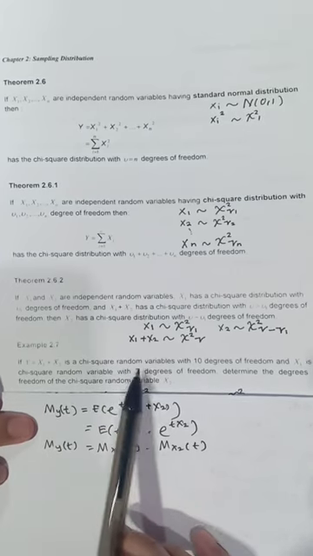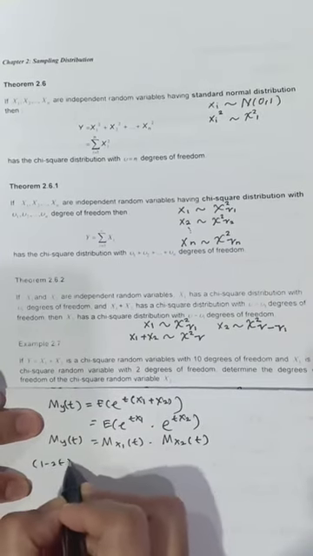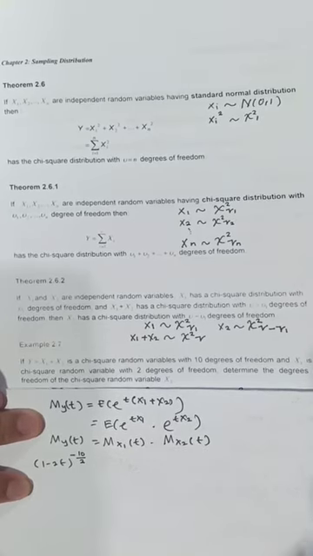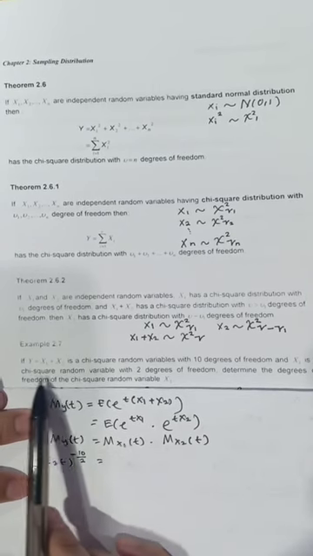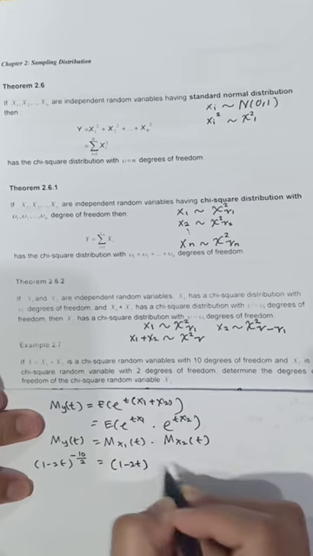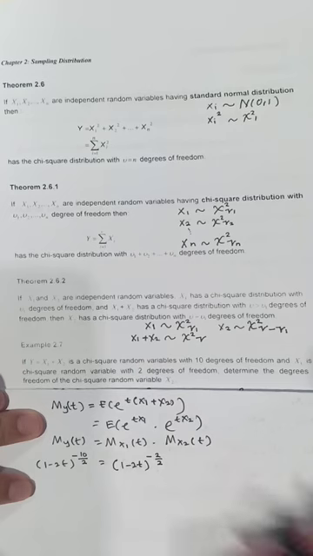Okay, so we know that Y is a chi-square distribution with 10 degrees of freedom, so we can write down the MGF for chi-square with 10 degrees of freedom. Is it true? And next one is given that chi-square distribution with 2 degrees of freedom, so it will be (1 minus 2t) to the power of negative 2 over 2. Is it true?